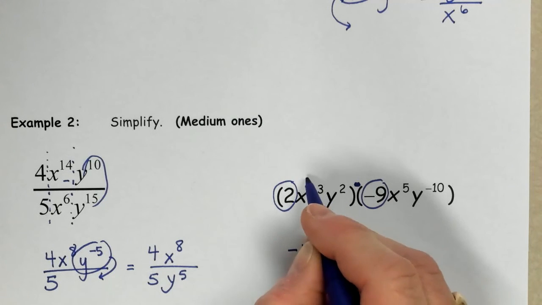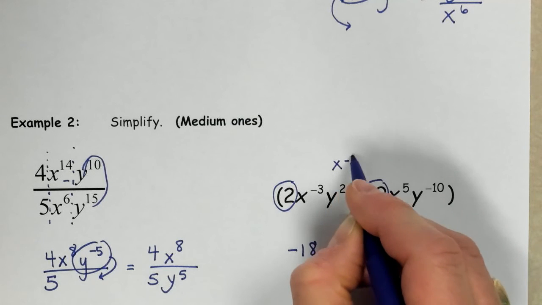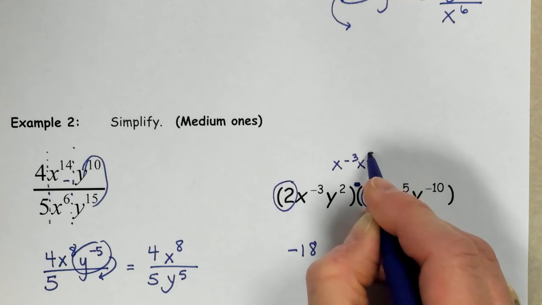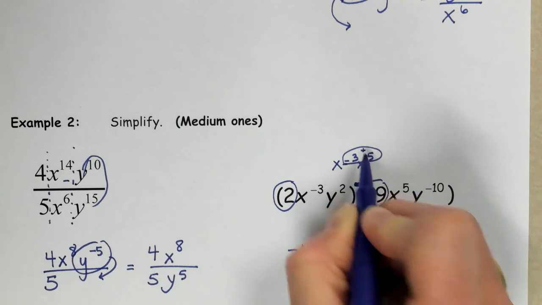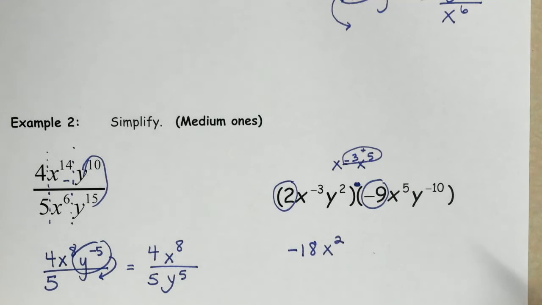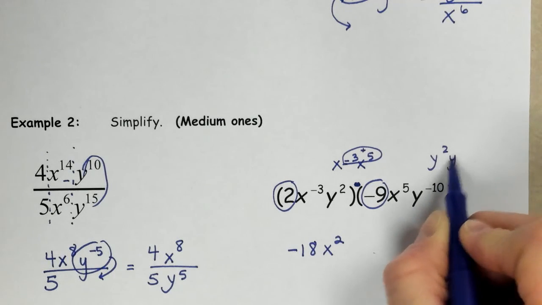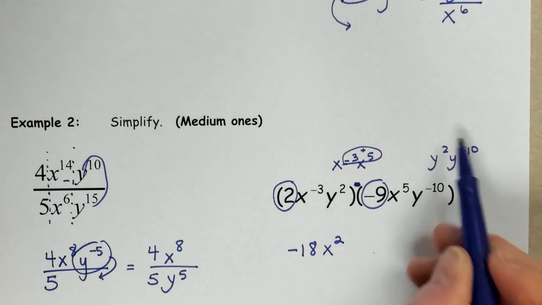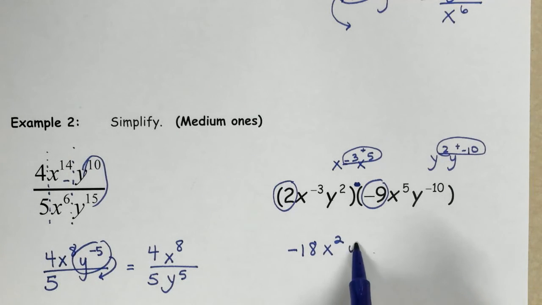We want to multiply our x's. When we multiply, we will add exponents, so we would get 2. And we'll multiply our y's since the bases are the same, and when we multiply our y's we'll add exponents, so negative 8.